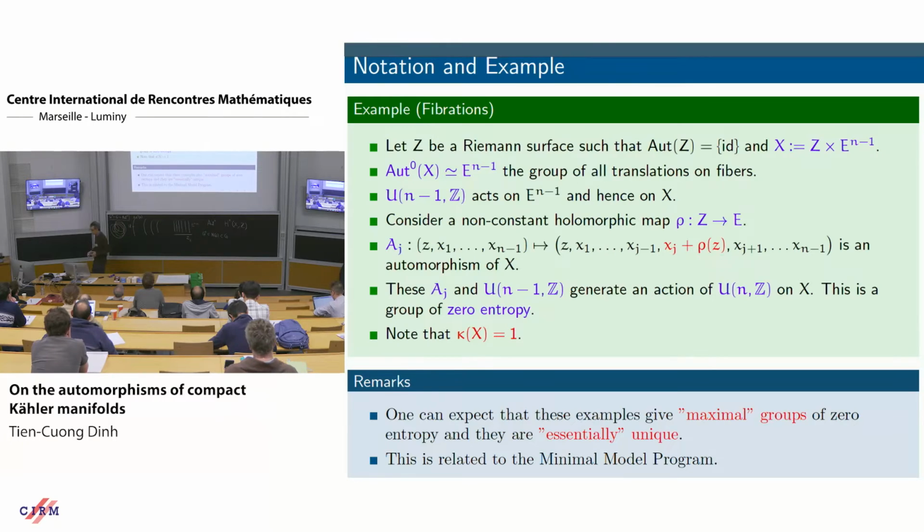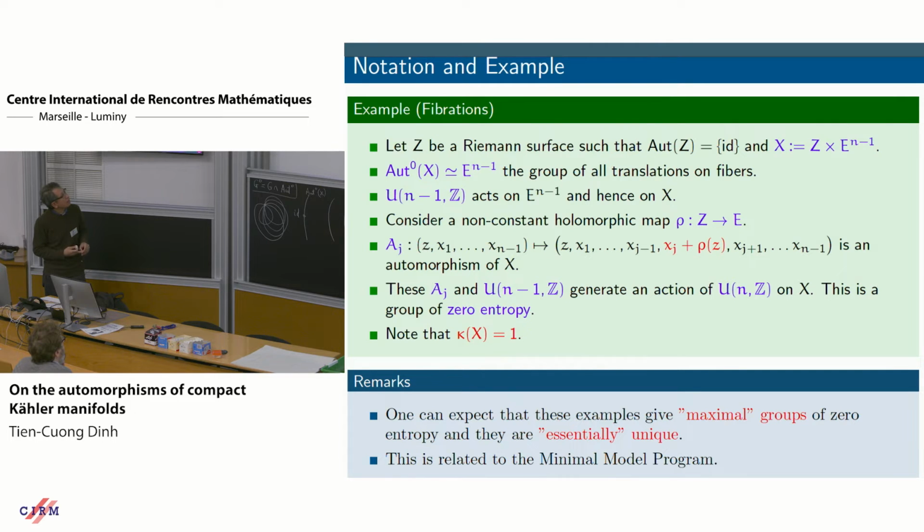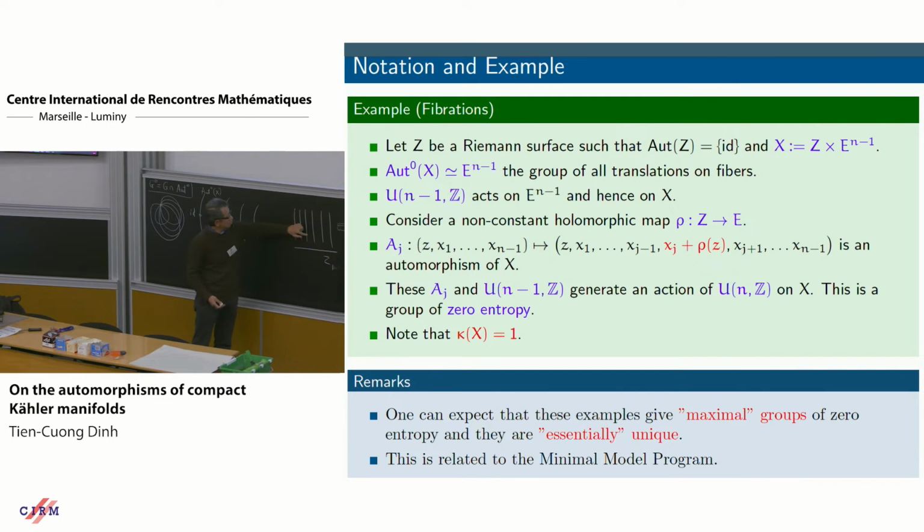So in order to simplify the notation, we consider only one map rho from Z to E. Using rho, you can produce n-1 new automorphisms by using some translation on each fiber, and you use the translation only on the factor number j, so x_j plus rho(z).